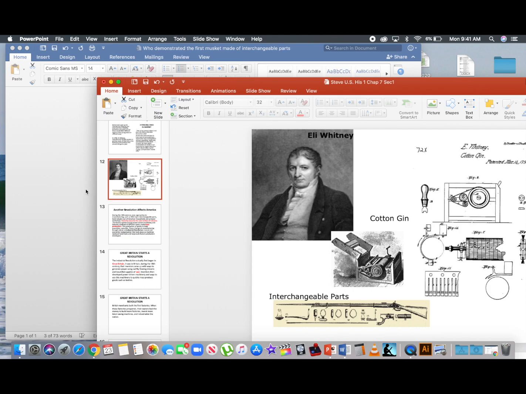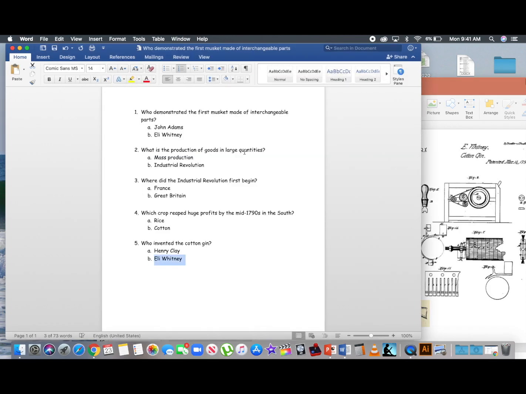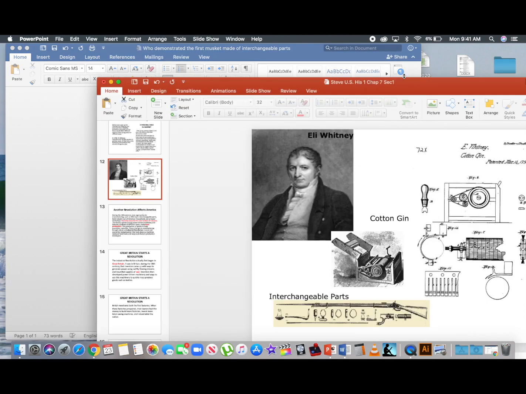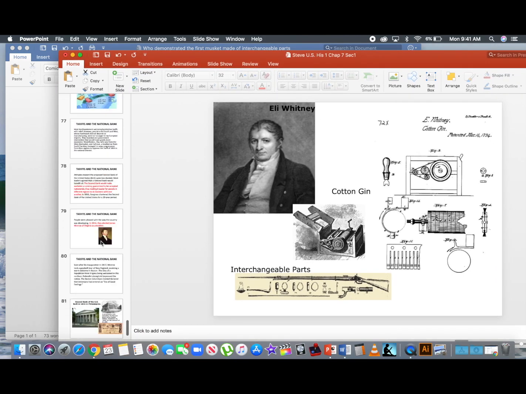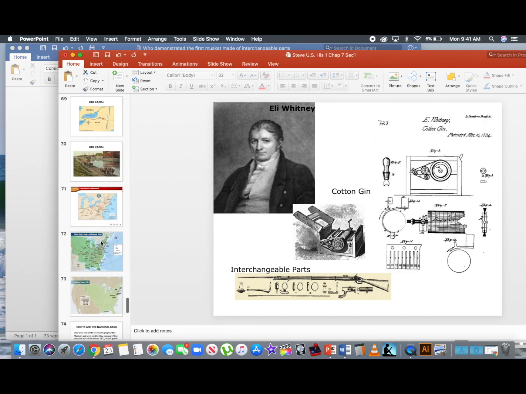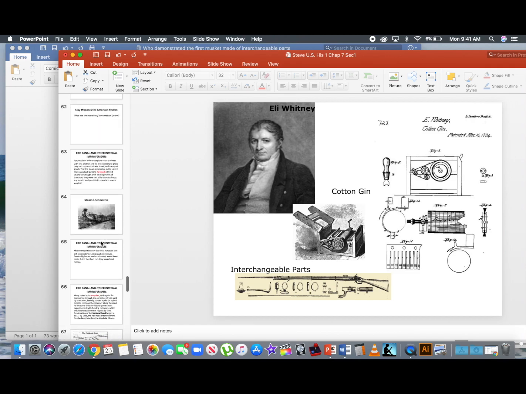So he is going to be the first one to invent interchangeable parts. If you pretty much look at anything that we own today, I'm sure it has interchangeable parts connected to it. All right, so that's a review. We're almost done, so bear with me.